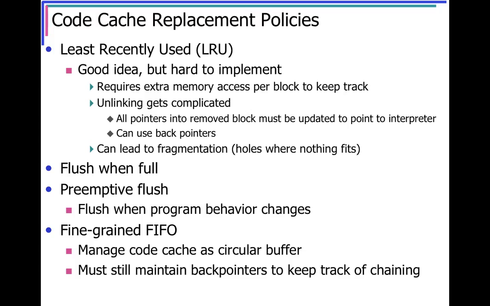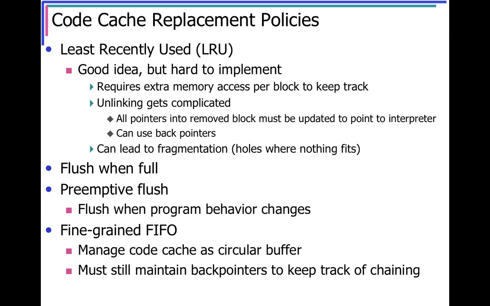The problem we face when we're using fine-grain anything in a code cache is that we have to worry about the linkages between traces. Linkages are important because they identify hot paths between traces, but they complicate matters when we want to kick things out, since linked traces may have their pieces in different parts of the code cache.